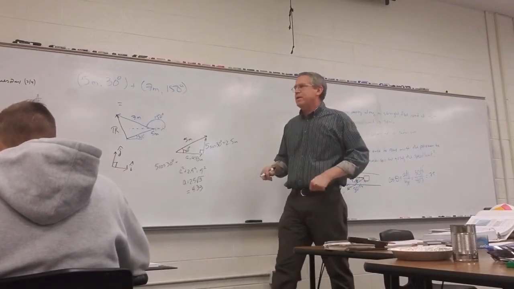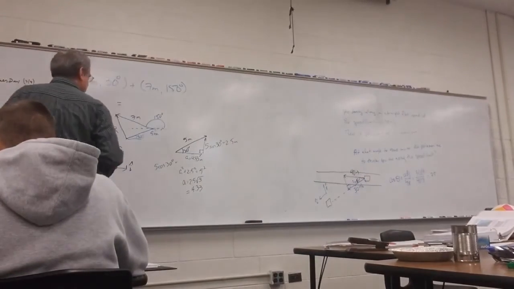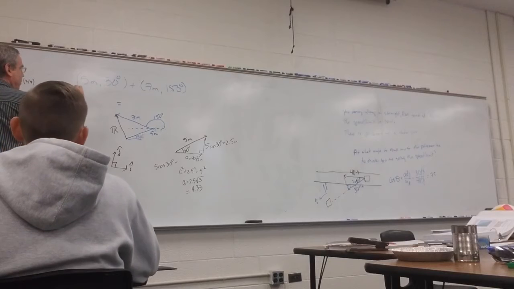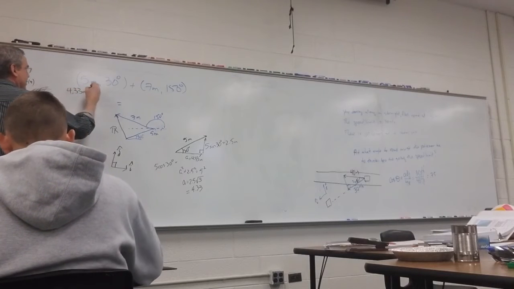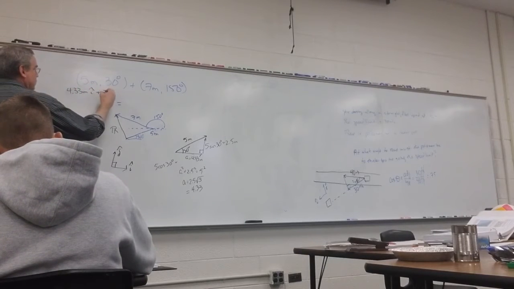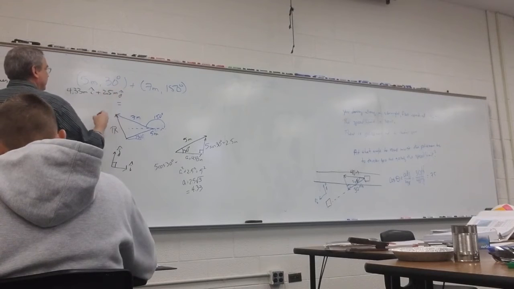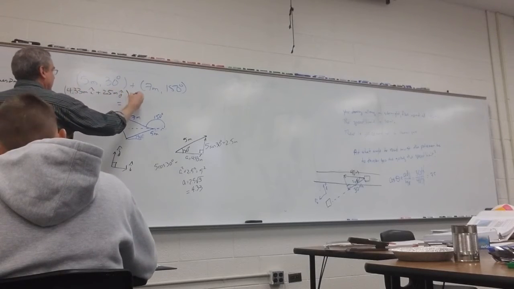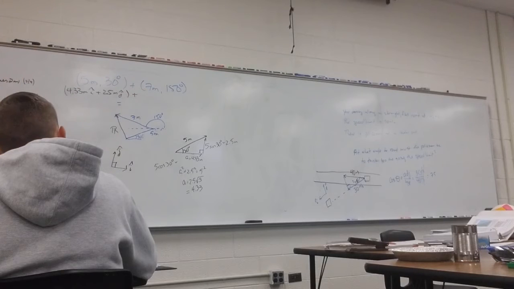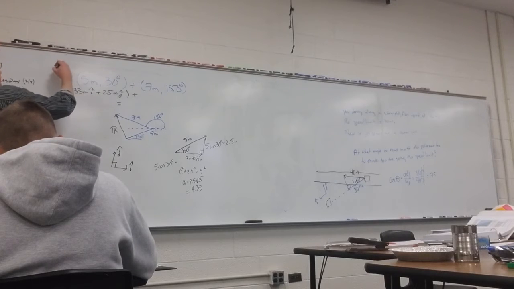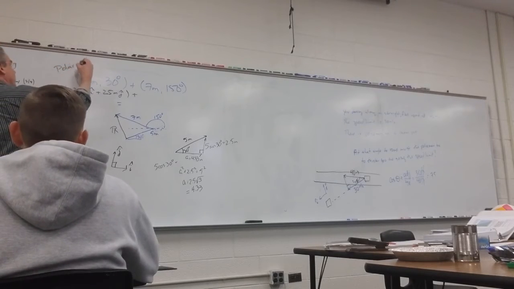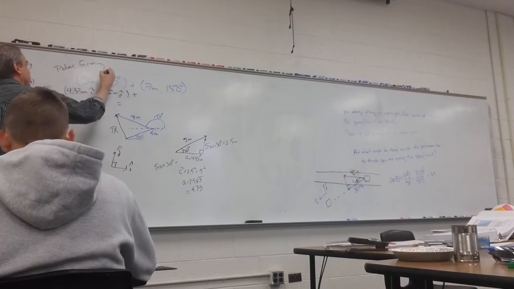So what we're claiming here is that this first vector we can rewrite as 4.33 meters I hat plus 2.5 meters J hat. This is just polar form and rectangular form. Polar form. Rectangular form.